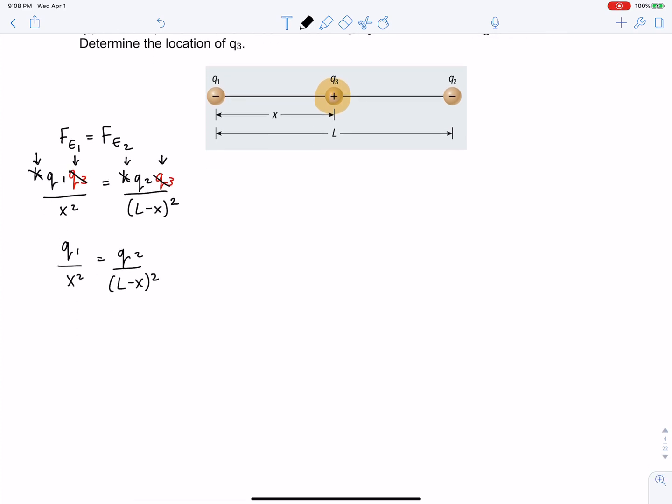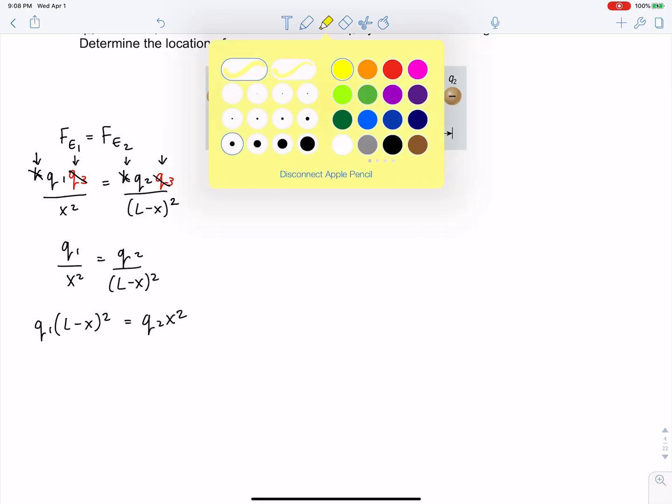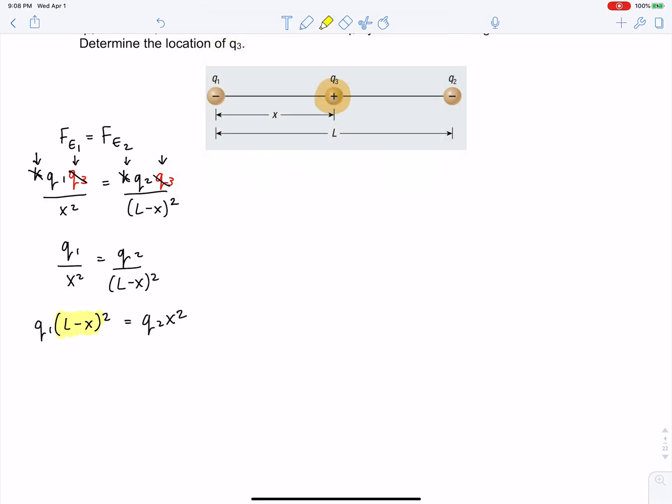To solve for x, we're going to cross multiply. So we have Q1 times L minus x squared equals Q2 x squared. Our next step is to expand this difference of squares. So it's Q1 times L squared minus 2Lx plus x squared equals Q2 x squared.